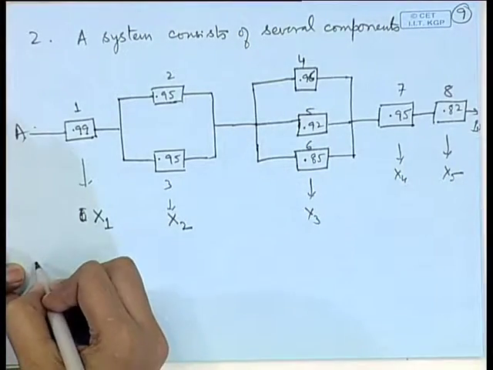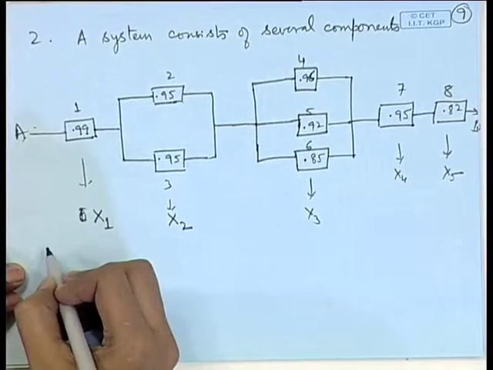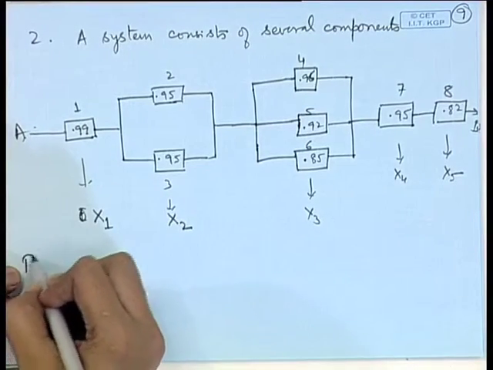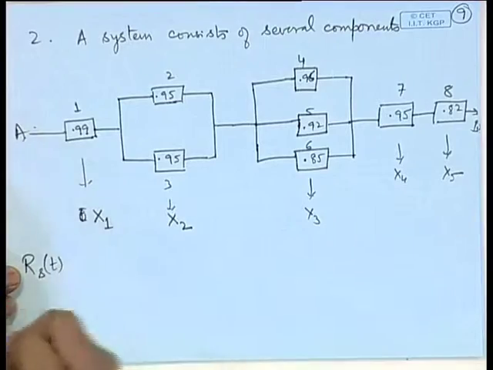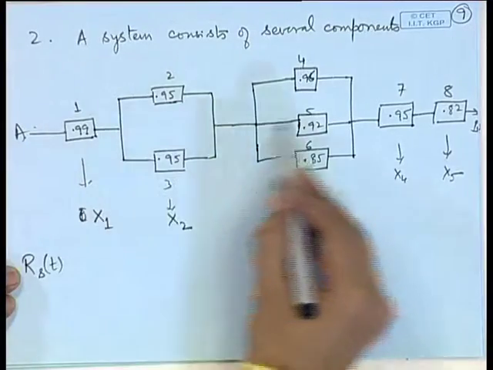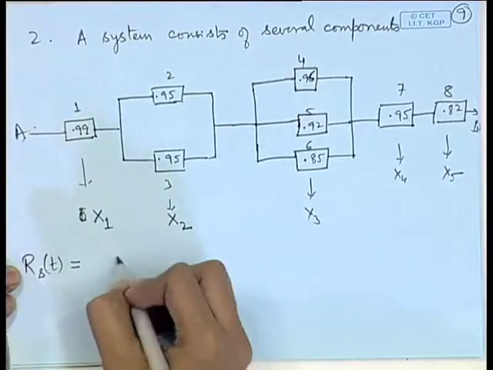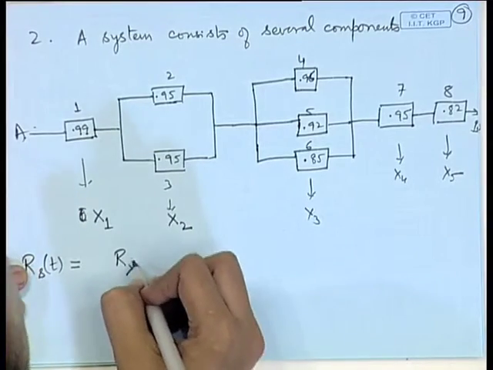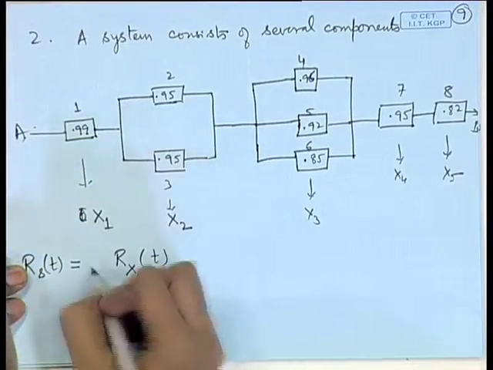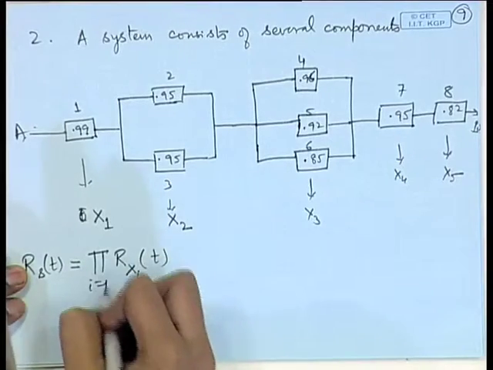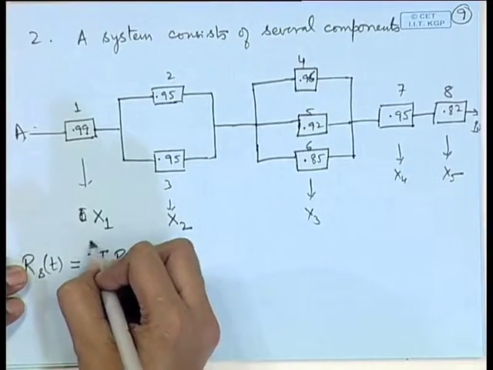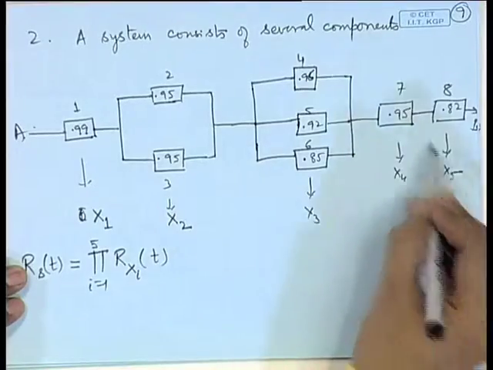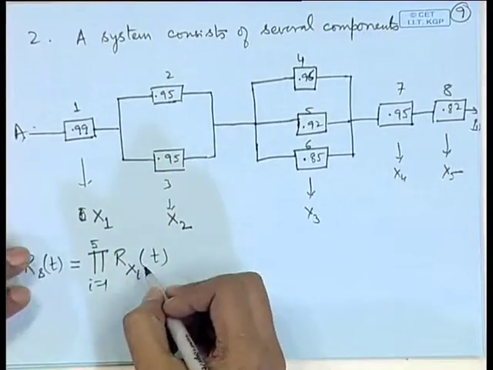So, if we are interested to calculate the reliability of the entire system, now this is a series. So, it will be the reliability of the X_i system, i is equal to 1 to 5, systems which are connected in series.